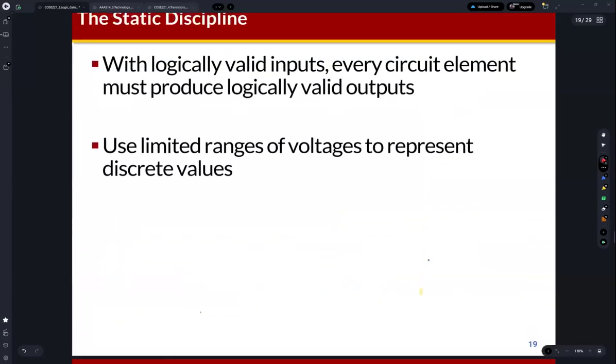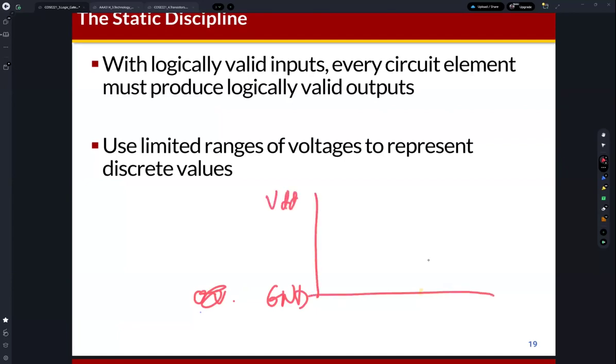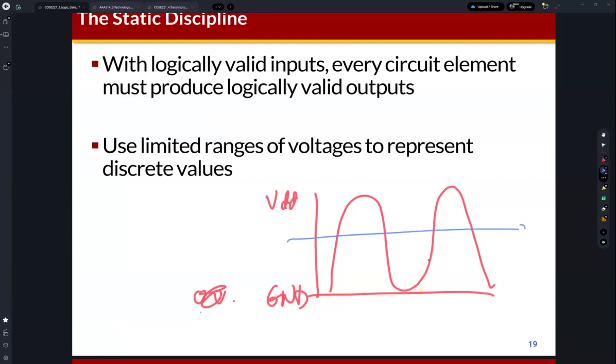So this is ground, 0, and this is VDD. I said that the voltage level changes like this. In the previous class, I explained it like this, with one threshold that we compare against.